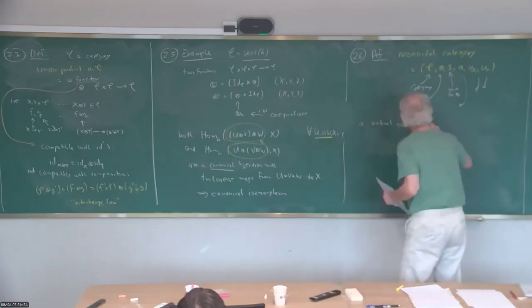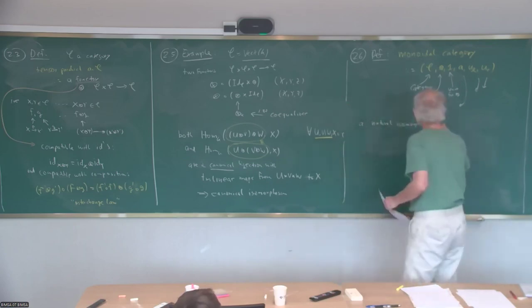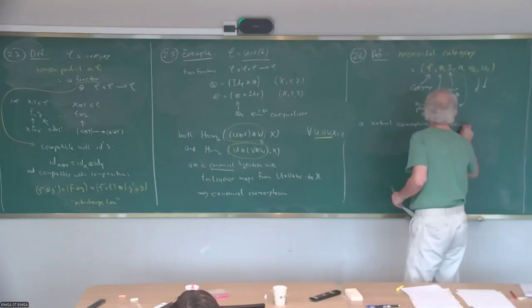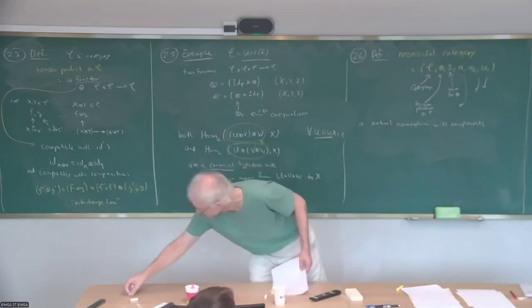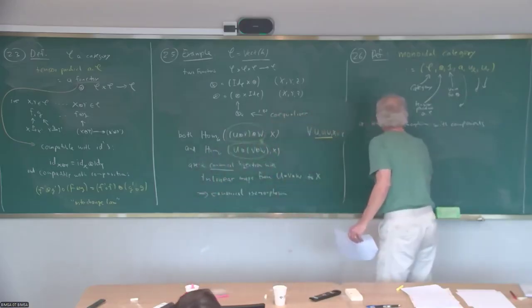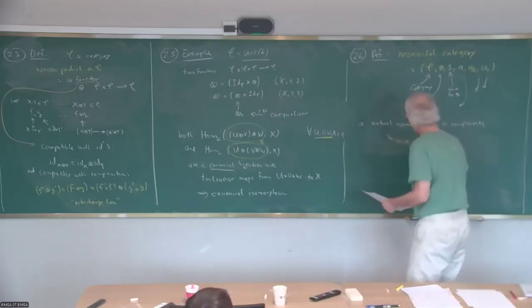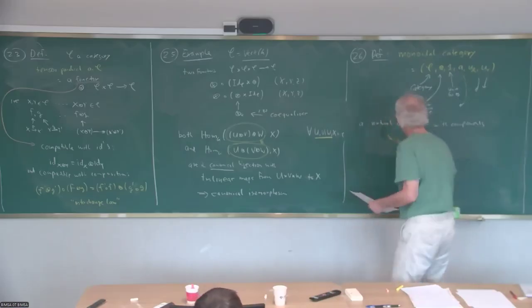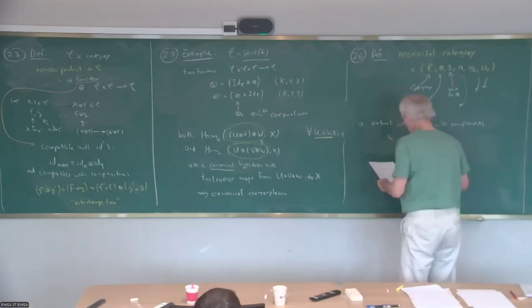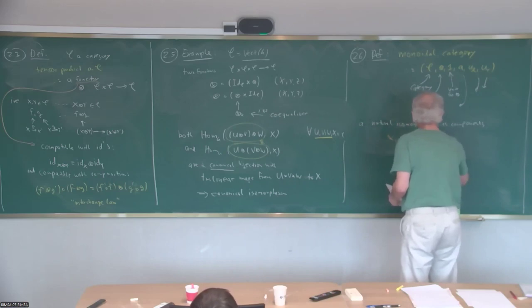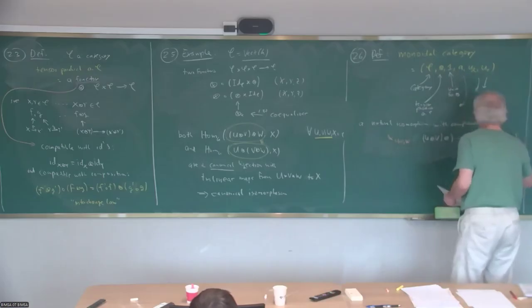Right, A is a natural isomorphism between those two functors here with components, which we then call alpha u v w, for every triple of objects, going from u tensor v tensor w to u tensor v tensor w.